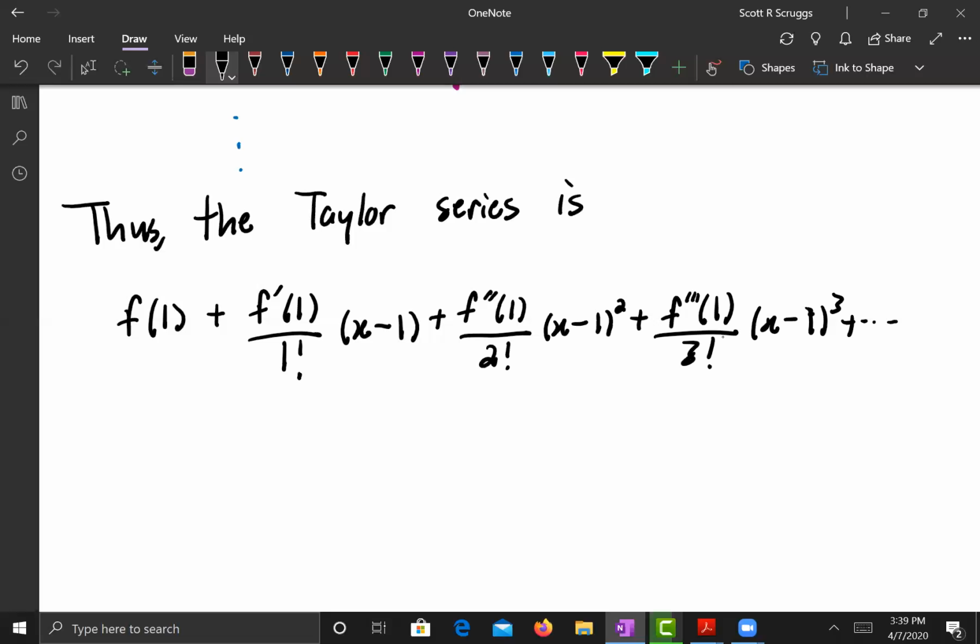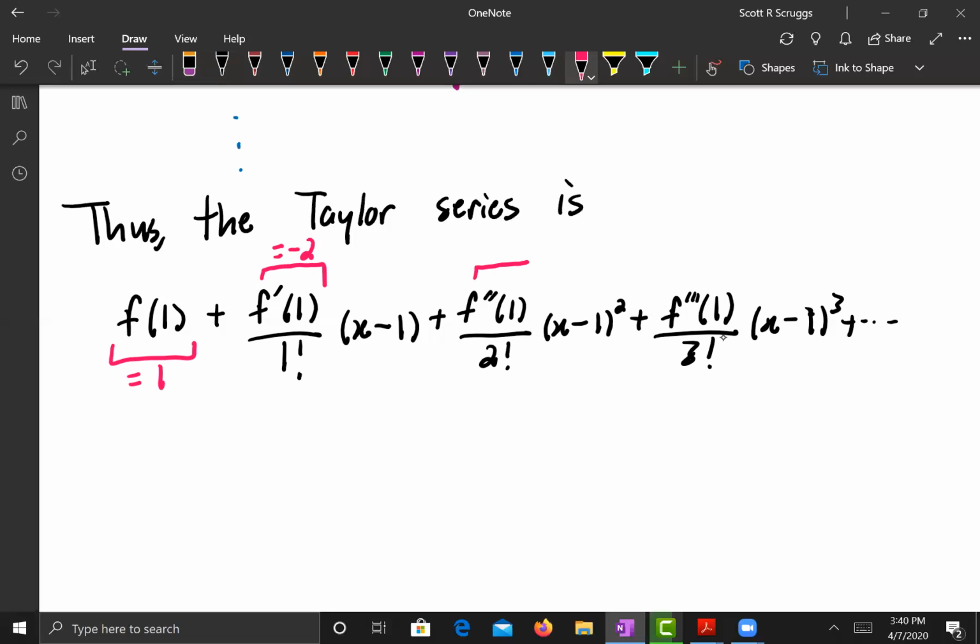But since we did our work before, we could do some substitution. I know that f evaluated at 1 is just 1. I know that the first derivative evaluated at 1 gives me a minus 2.